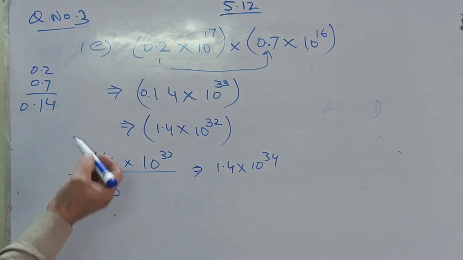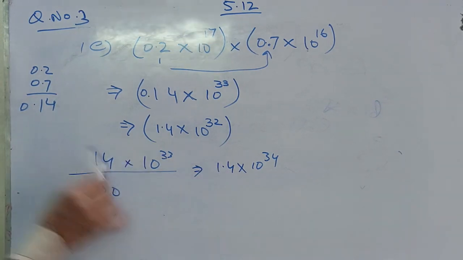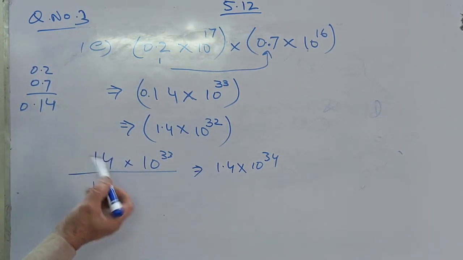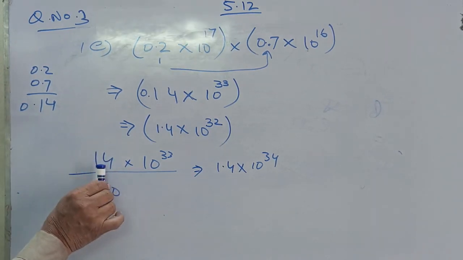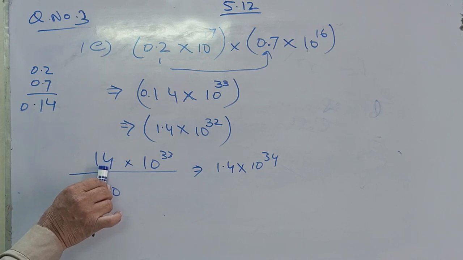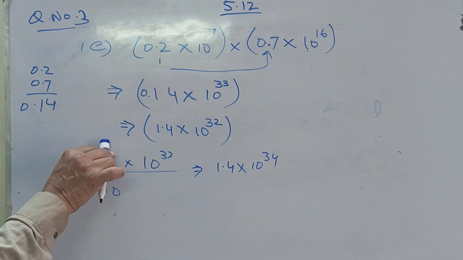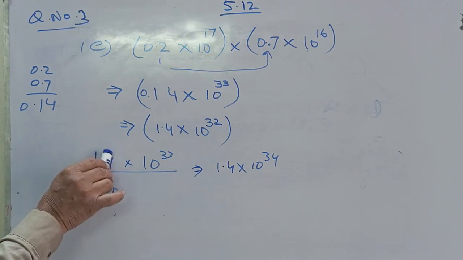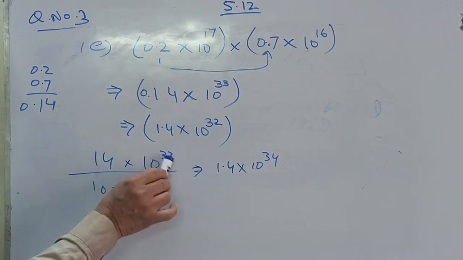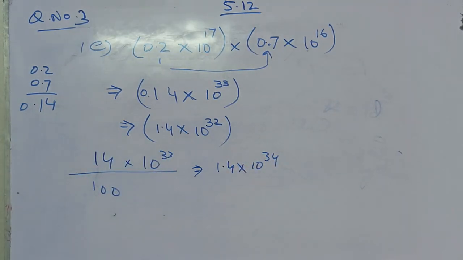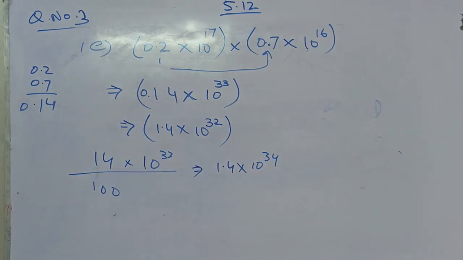I have placed the point after the first digit. Then this is the first digit for my scientific notation. So this plus 33 will become 34.